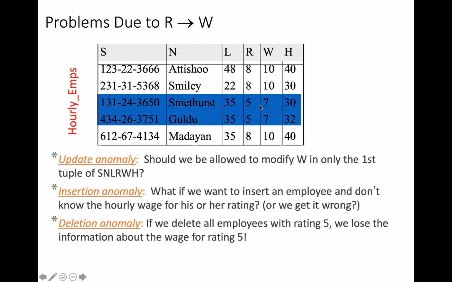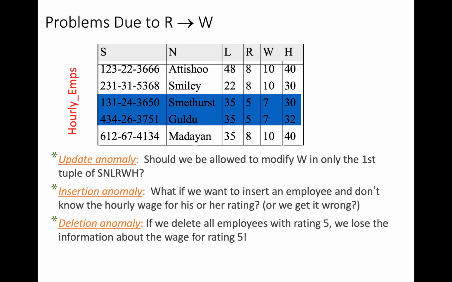So there's information missing now. This information should persist even if these two employees are removed. However, because they're the only employees that have 5 as the rating, from which I can determine the wage, if you delete them, there's information that should be there, but it's not present anymore.